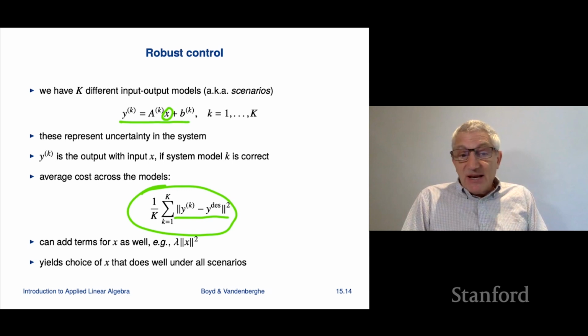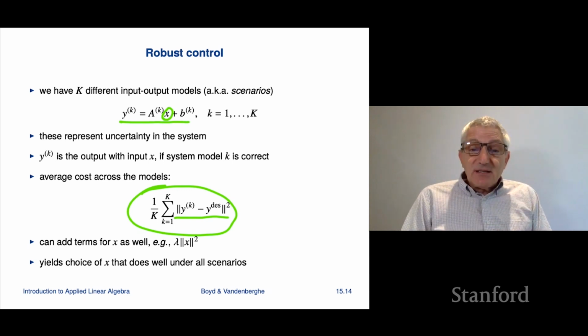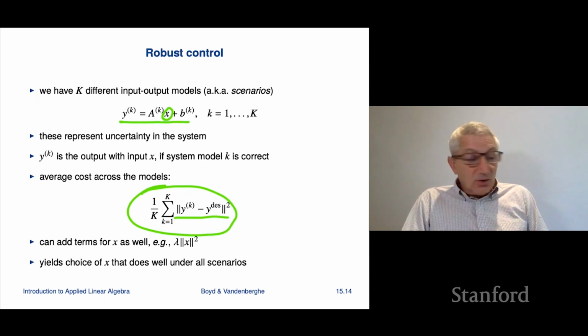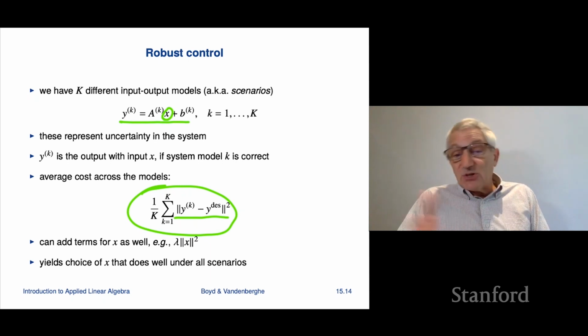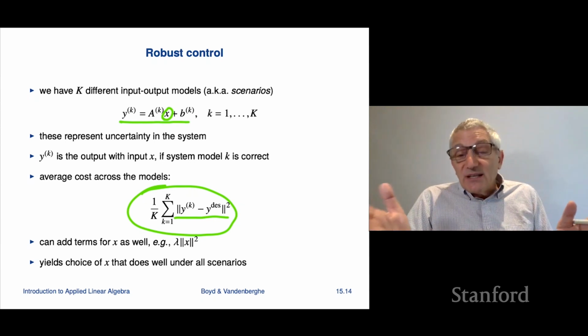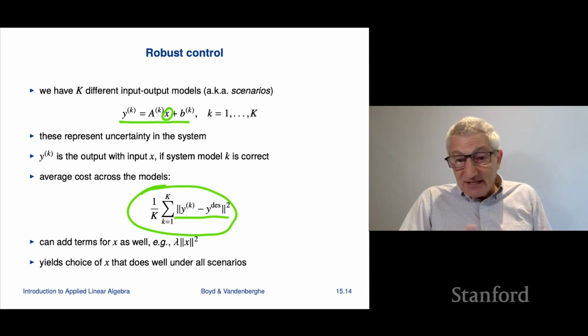It's interesting because someone says, "What are you doing?" You say, "I'm choosing an input x." They ask, "What's your goal?" And you say, "I want the output to look like y desired." They say, "Cool. How do you do it?" And you say, "I don't really know the relationship between x and y. In fact, it could be any of these 10 things."